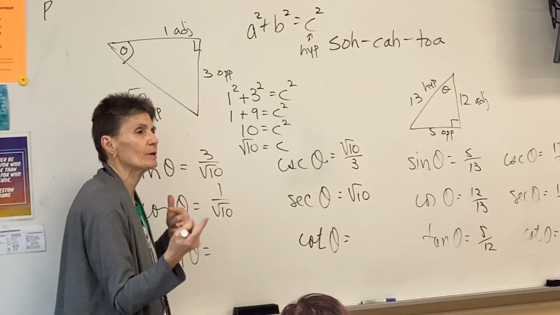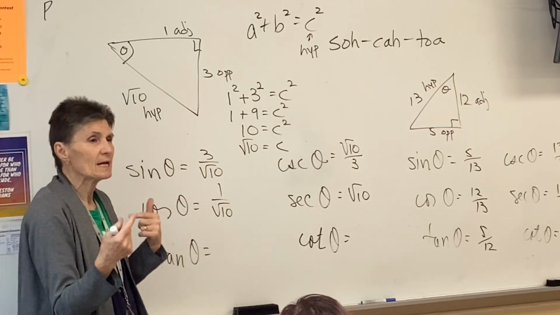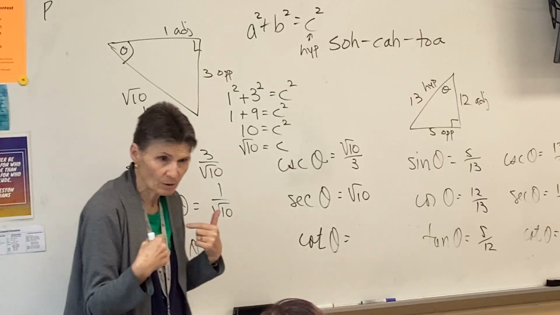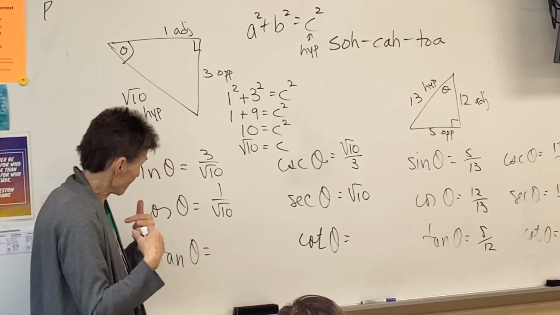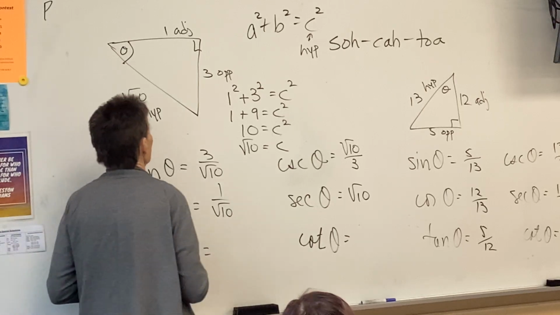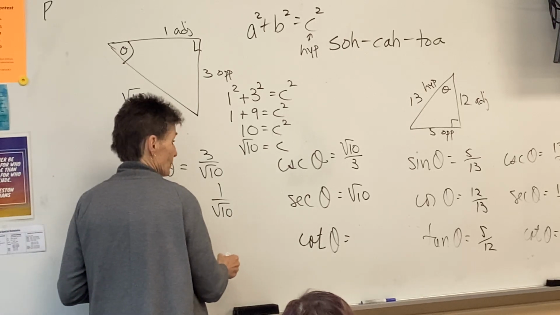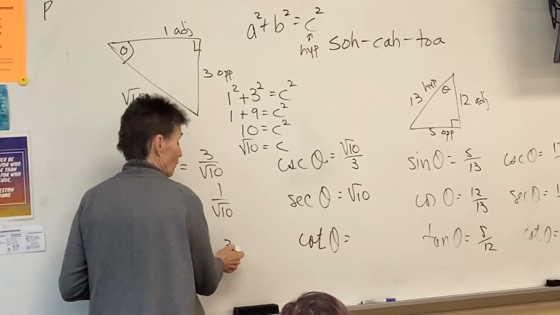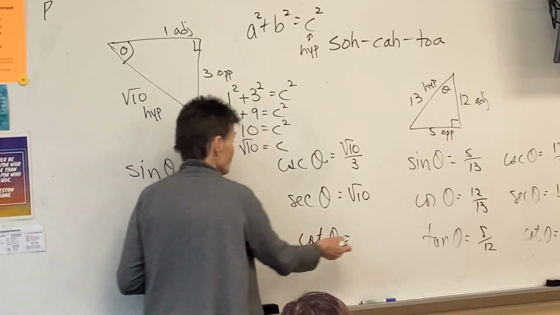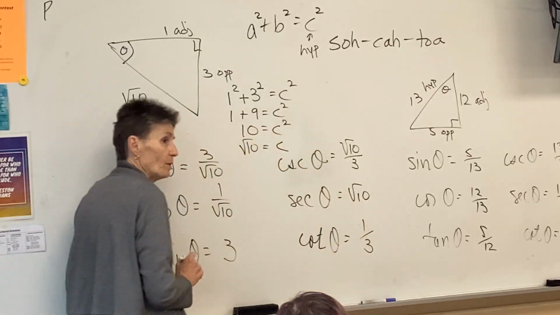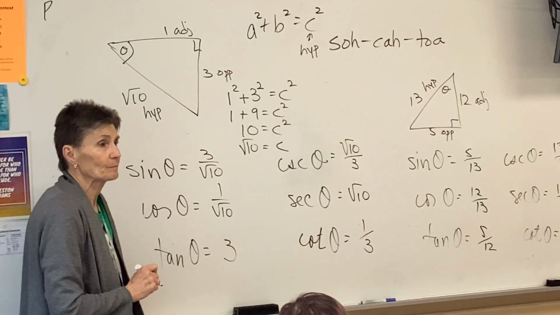And let's just agree that we're not going to write root 10 over 1. We're just going to write plain old root 10. And then tangent, 3 over 1, 3, which means cotangent is 1 over 3.